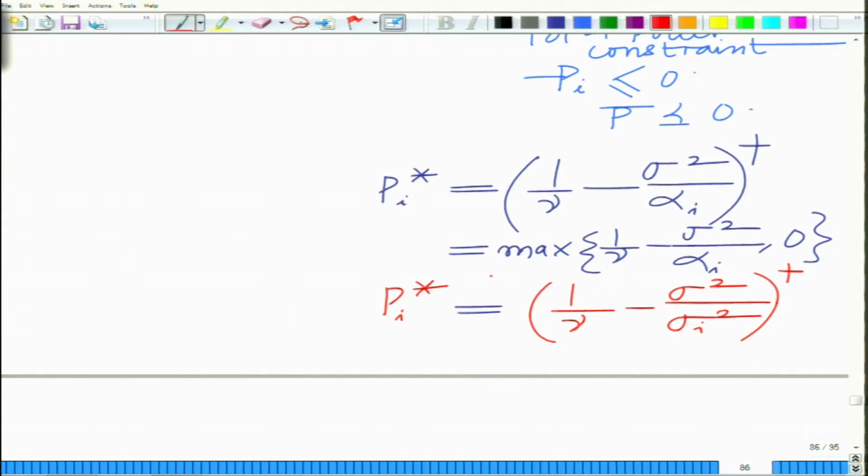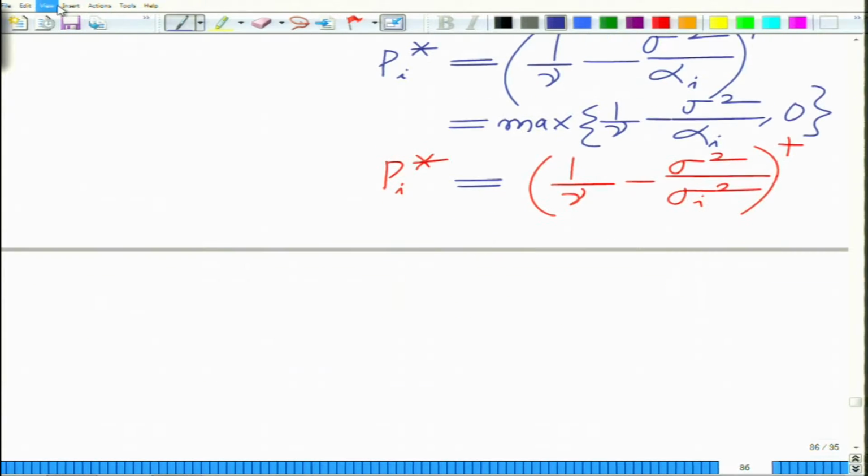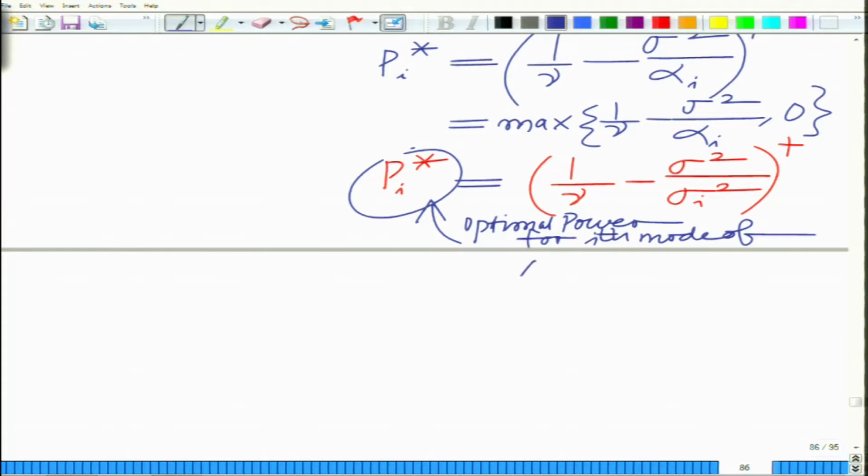This is Pi star, the optimal power allocated to the ith mode of the MIMO channel. These are known as the modes of the MIMO channel.